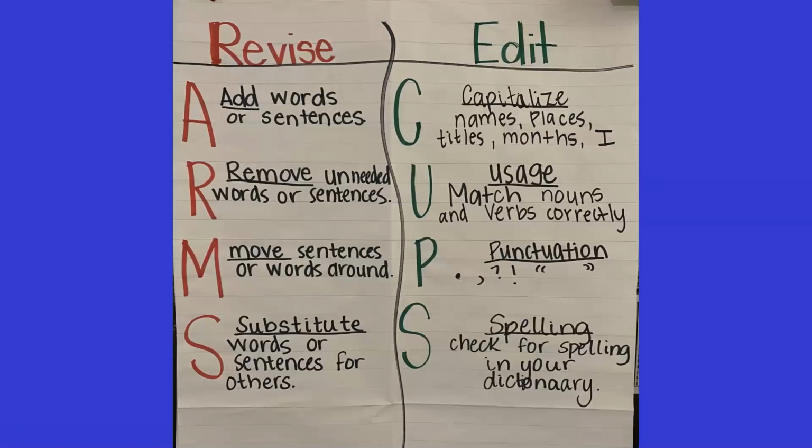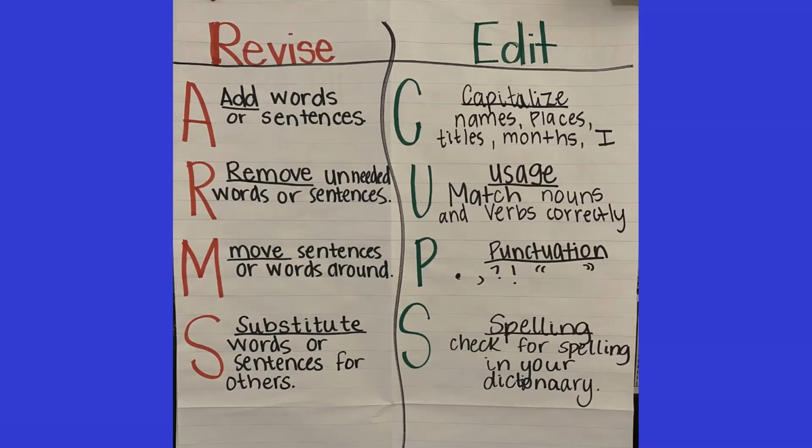All right. So you have probably seen this before in several videos, especially more in the beginning of the year. So right now I'm just going to go over what ARMS and what CUPS are about when it comes to writing, okay? So as you can see at the very top of the left-hand side, we have revise, and then along that side we have the acronym for ARMS.